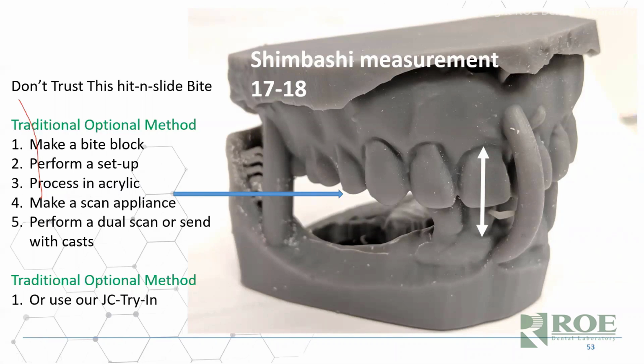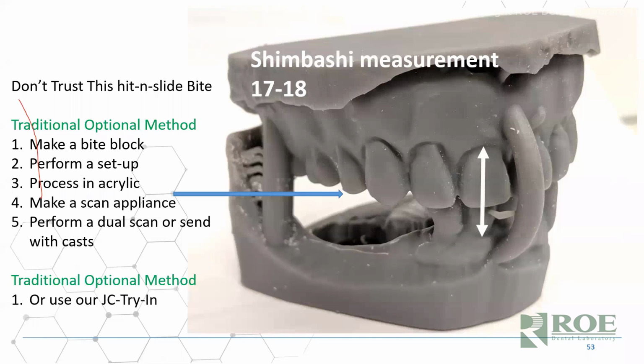Shimbashi, the person who invented this, found through studies that the average person is somewhere between 17 and 19. And if you find that's the case in the mouth, then there's a pretty good chance we don't have to open the bite. So you can see how helpful that is, because you may want to open the bite clinically before the records come in, and this can confirm if you need to or not.